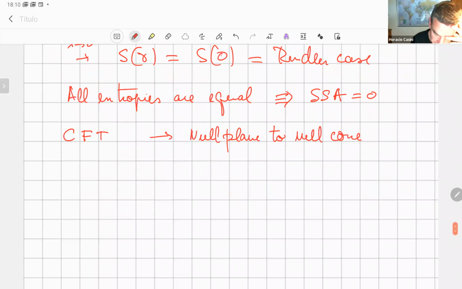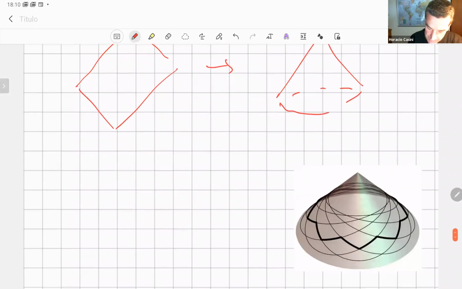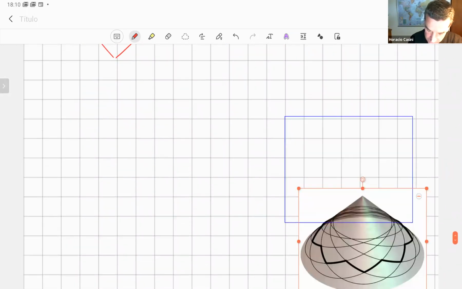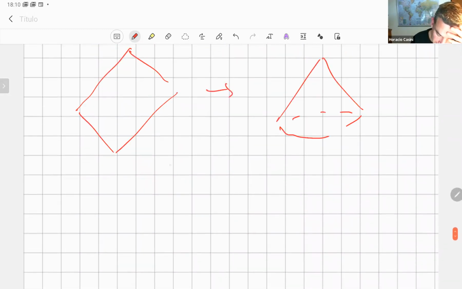So there is a conformal transformation between the null plane and a null cone. So you have that strong subadditivity saturates for the conformal field theory, not for any quantum field theory. It saturates for this situation. So you take curves here.